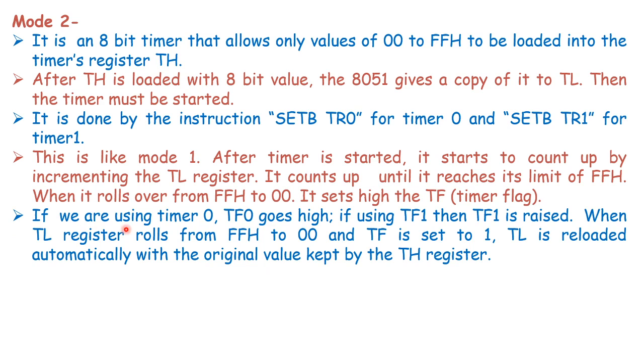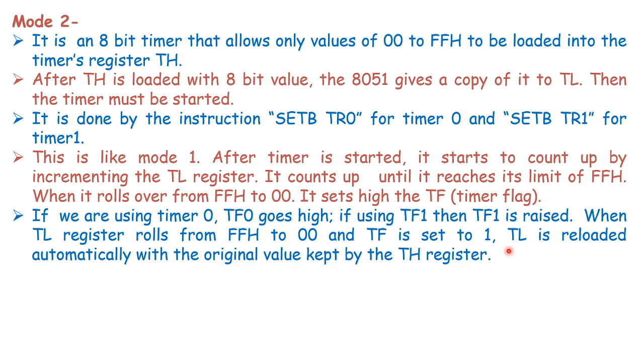If we are using timer 0, TF0 goes high, and if we use timer 1, then TF1 is raised to 1 when the TL register rolls over from FF to 00.